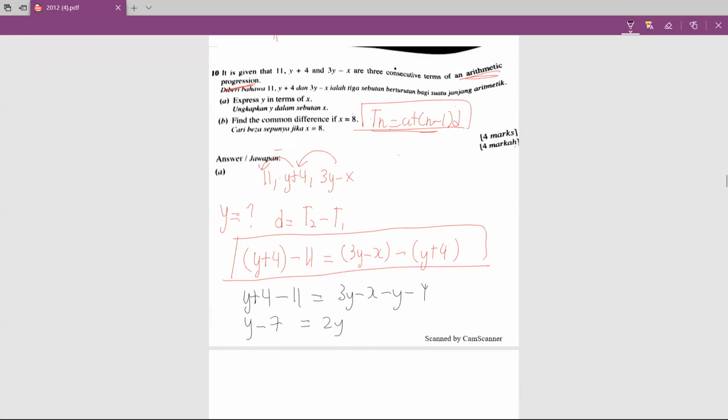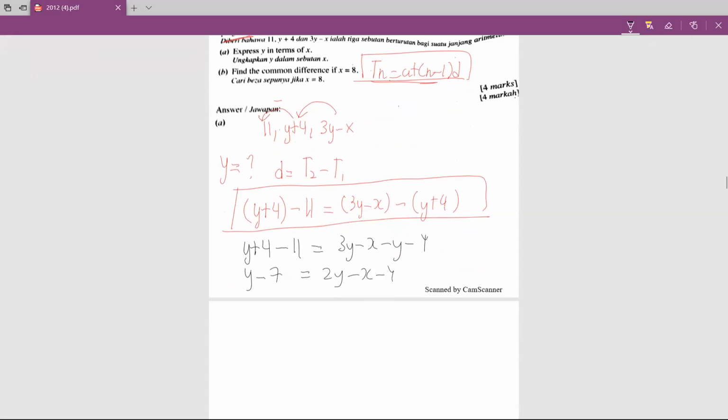Tak ada masalah. Okay, minus x minus 4. Kita nak y one side and x another side. So kita kumpulkan y on the left and kumpulkan x on the right. So we have y minus 2y equals minus x minus 4 plus 7.